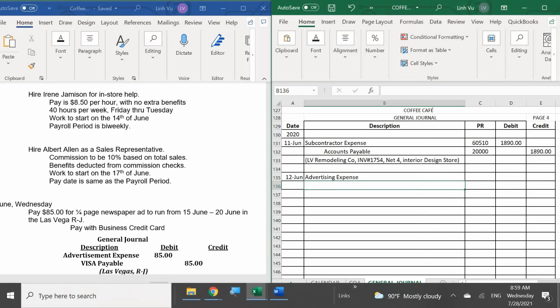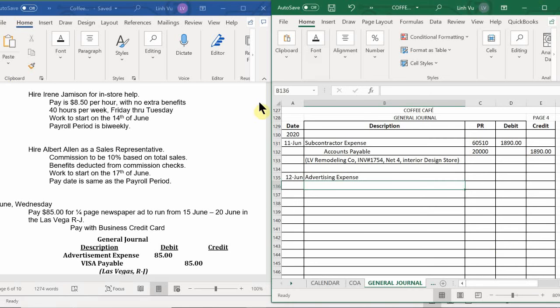So in my chart of accounts, do I have a credit card account? In this case, right? What is a credit card to me?